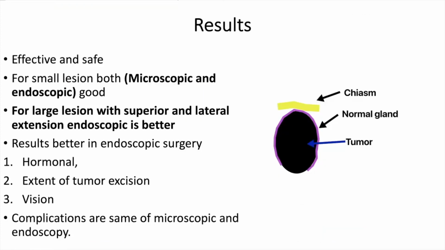Regarding the results of endoscopic surgery, it is effective and safe. For a smaller lesion, especially when there is only tumor within the sella, microsurgery and endoscopy are equally good. But when the lesion is large and there is superior and little lateral extension, endoscopy is better because it provides better visualization.